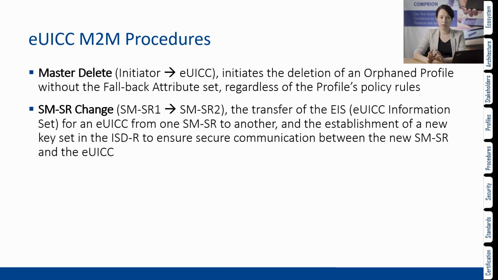Therefore the new key set has to be established in the ISDR, not the ISDP, to ensure secure communication between this new SMSR and the EUSSC. You will see in the further steps of the process that the profile will first be encrypted by the SMDP, then it goes to the SMSR, and the SMSR forwards this to the EUSSC.